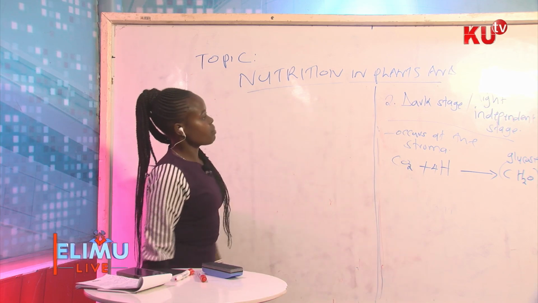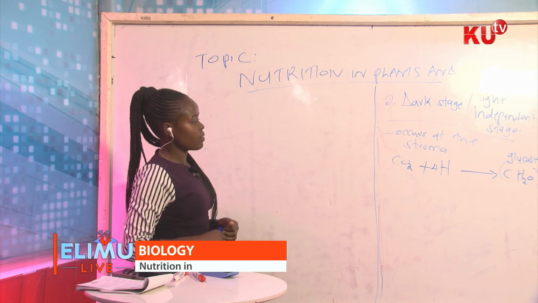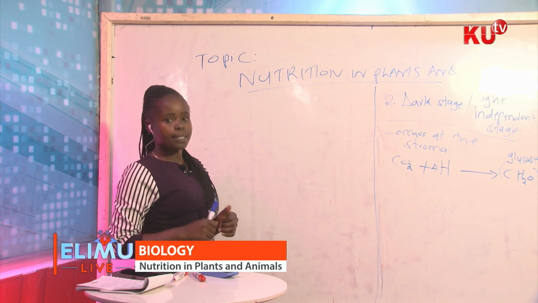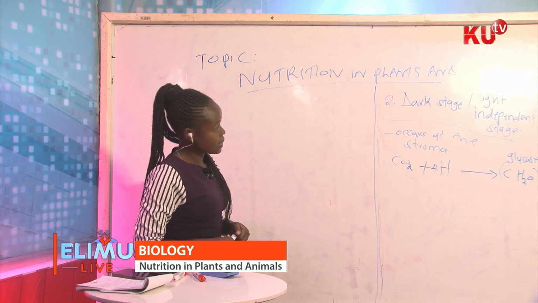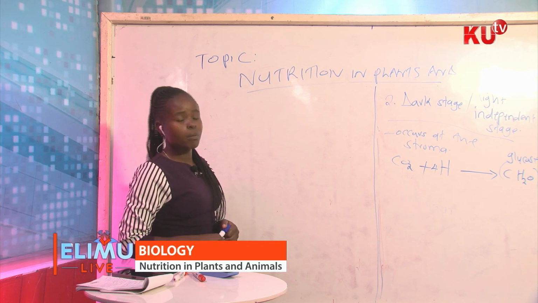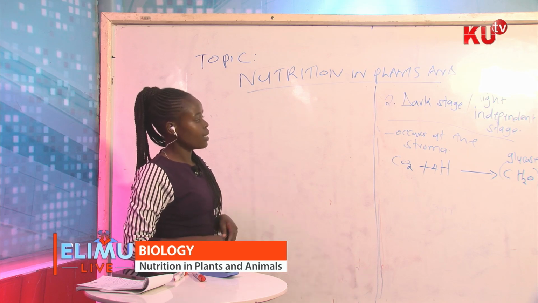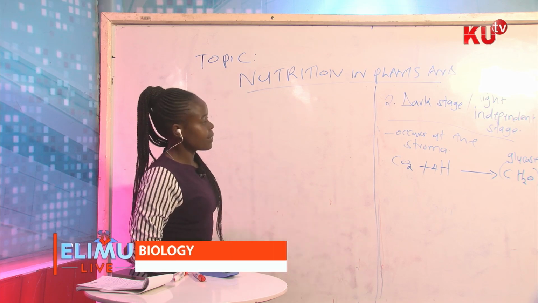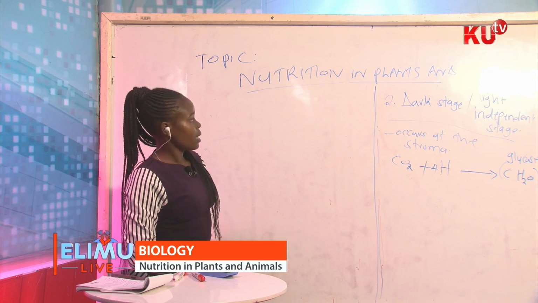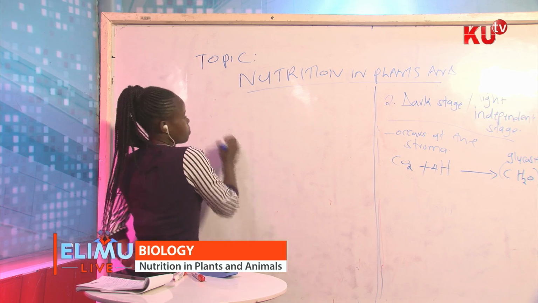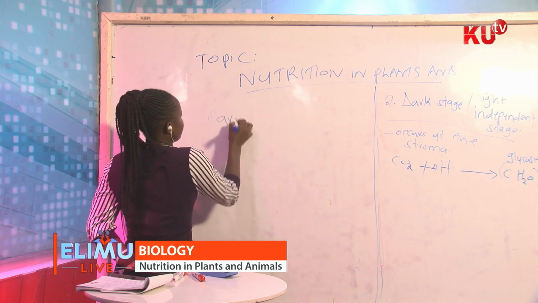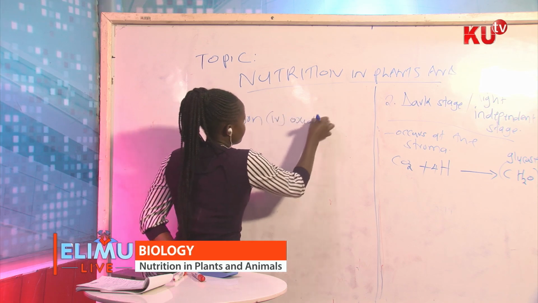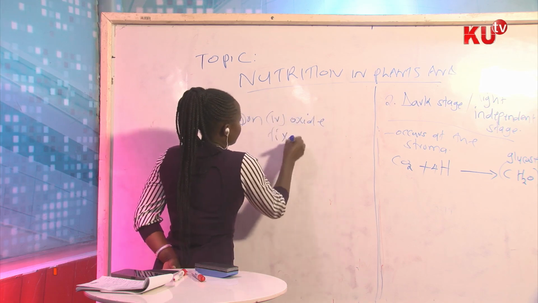So this is what happens during the second stage. The carbon dioxide combines with the hydrogen atoms in the presence of adenosine triphosphate to form the simple carbohydrate, or the glucose, and what? And water. And this process is called carbon dioxide fixation.